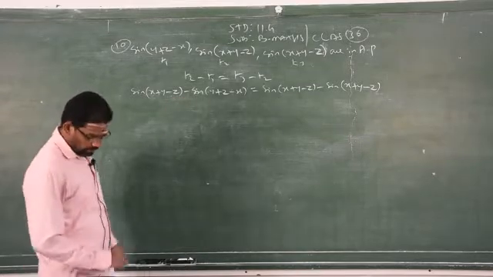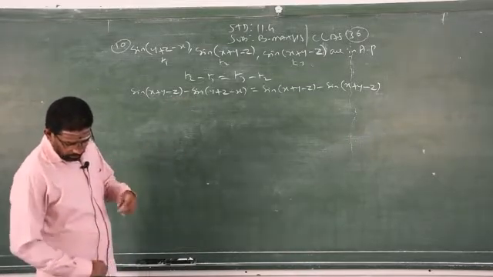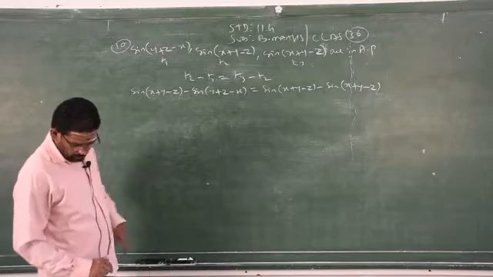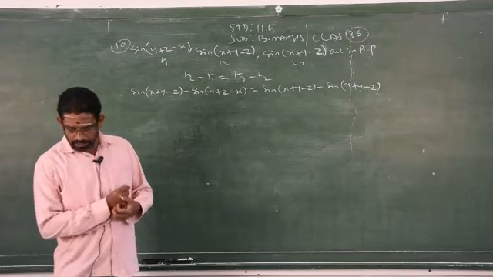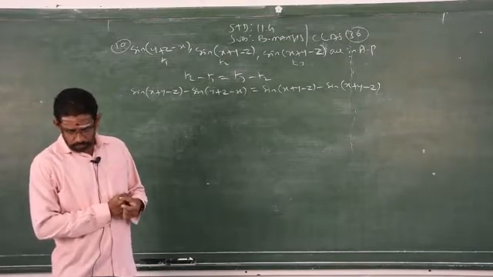What is the formula for sin C minus sin D? Refer to the formula, I told you already. You have to refer to the formula and write. Now I can write straight away what the answer will be.